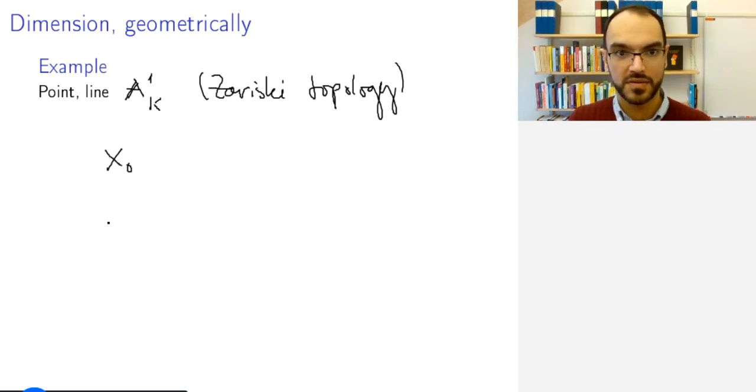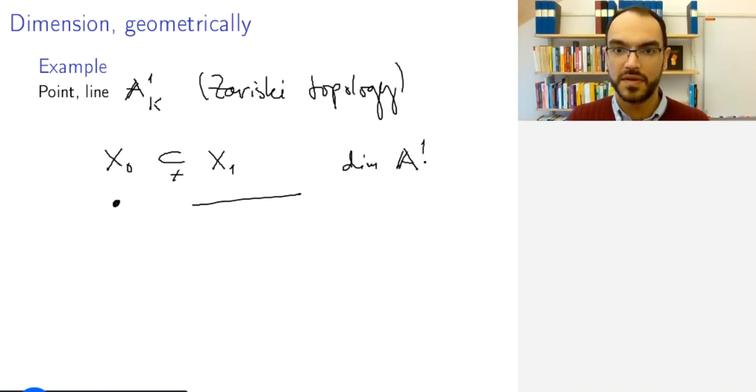So I can have x naught to be 1 point. And then the smallest irreducible subspace of the line containing a point properly is the line itself. So the dimension of A1 is 1.